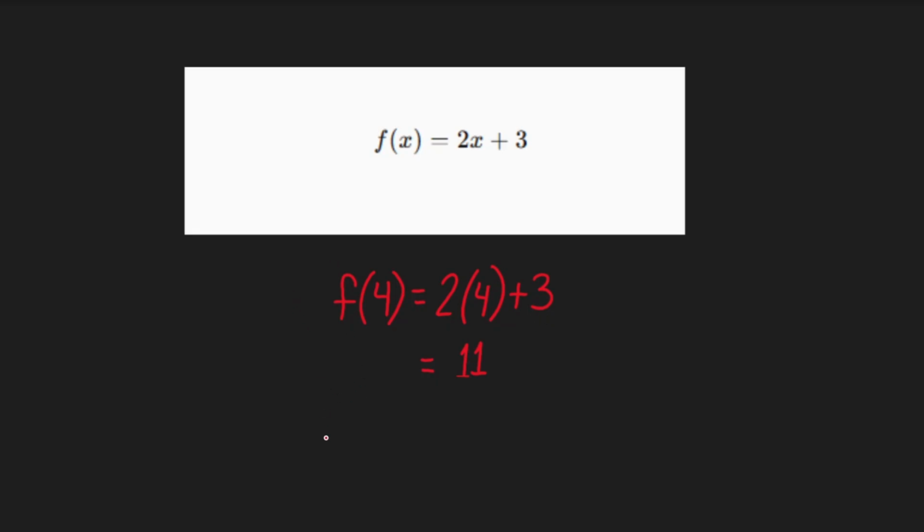Notice what we did in this example. We just took the number 4 as our input and substituted it into the function f. And we got our result f of 4, which we solved for and got as 11.